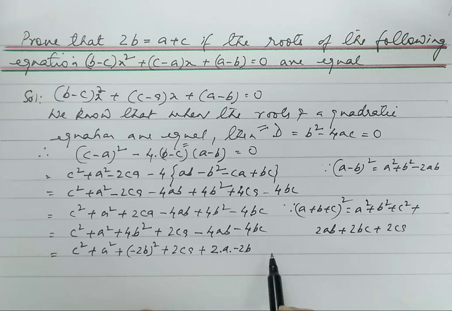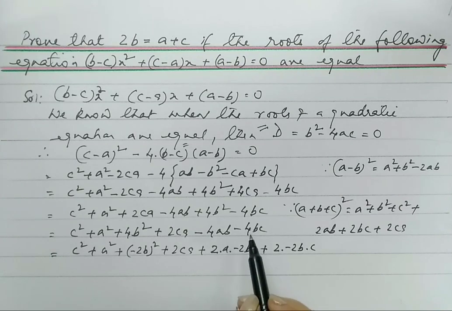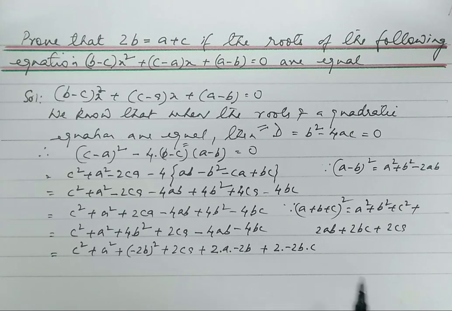Alright guys. And again here a positive sign here. And what do we have? 2 dot minus 2b and dot c will give me minus 4bc, isn't it?